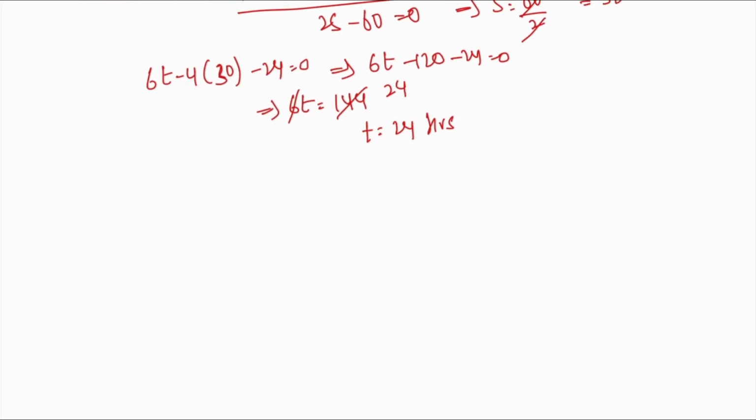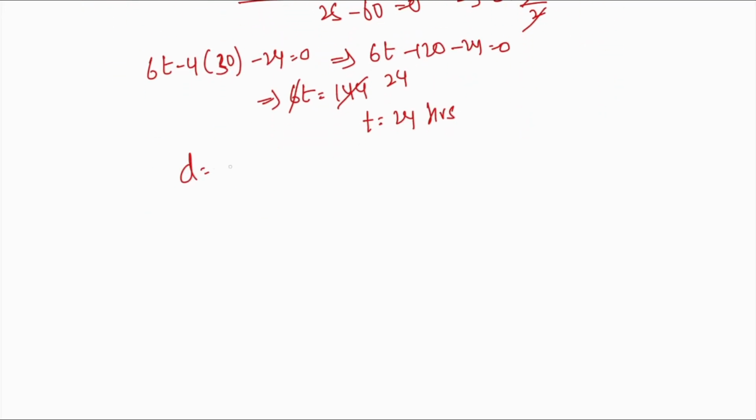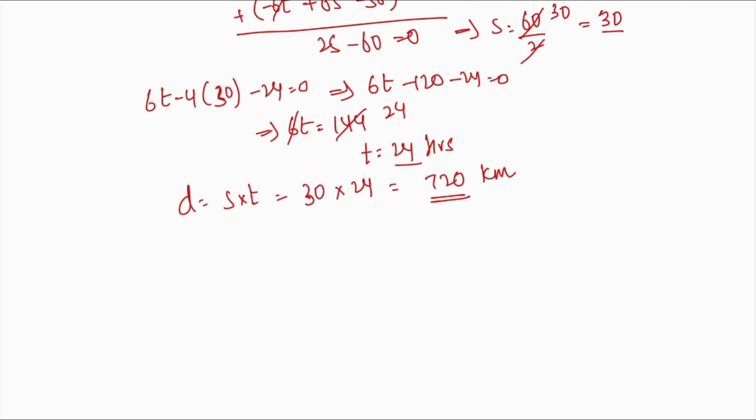We have to find D here. Here D is equal to speed into time. Okay, what is speed here? It is 30 kilometers per hour into time is 24 hours. It is 4 3s are 12, 3 2s are 6, 720 kilometers is the distance covered.